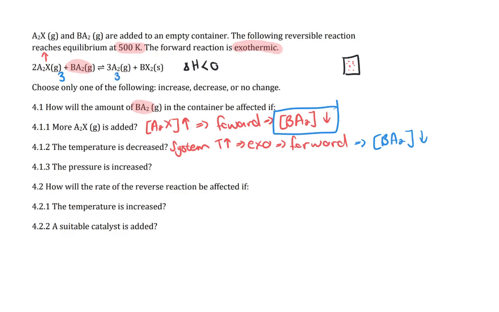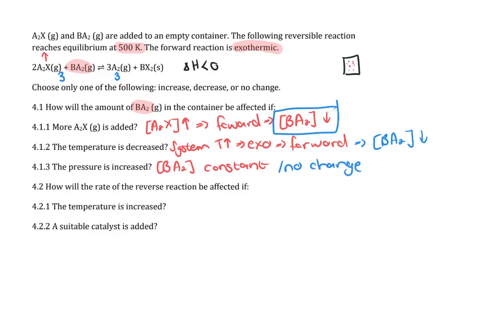This means that a change in pressure, whether I increase or decrease the pressure, won't shift my equilibrium. So my concentration would be constant, no change. Or you can just say no change.